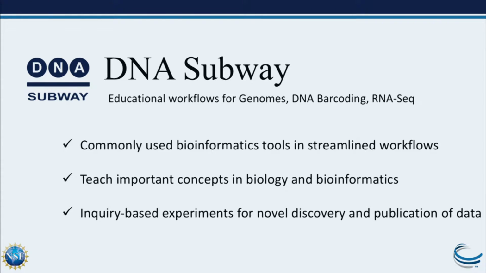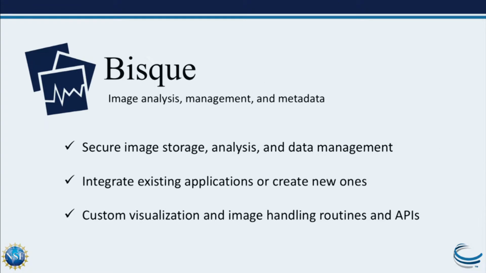It's a number of bioinformatics workflows that have been made classroom friendly and support hands-on inquiry-based experiments for students. BISC is our image analysis, management, and metadata platform. It works with hundreds of different types of image data and the metadata, so you can do image stitching, geolocation, working in many different dimensions. It's really quite good if you're working with image data.